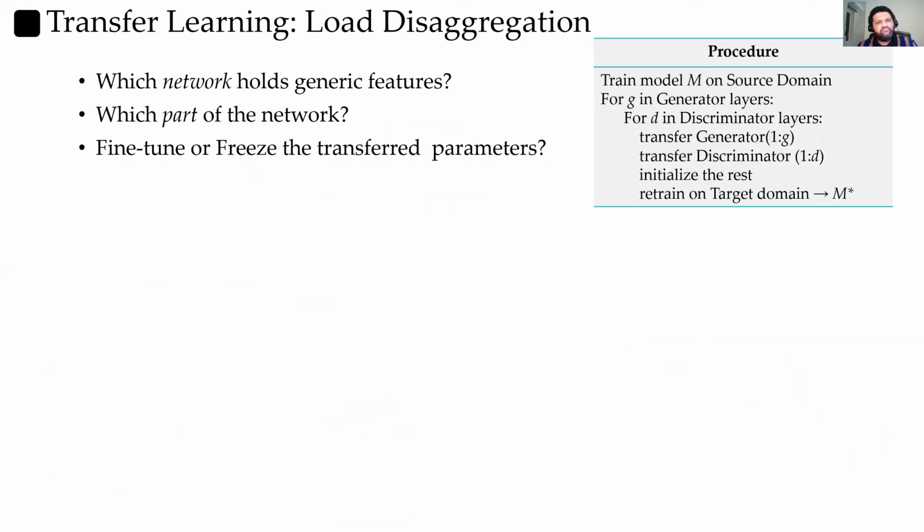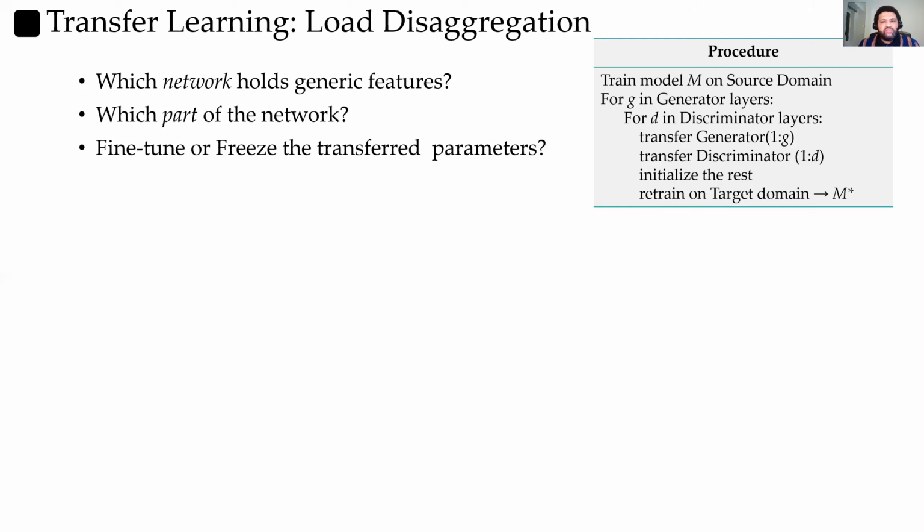To explore those options, we conducted a series of experiments following this procedure. First, we train a GAN-NILM model, M, on the source domain data. Then we progressively transfer G layers of the generator network and D layers of the discriminator network and initialize the rest of the parameters.